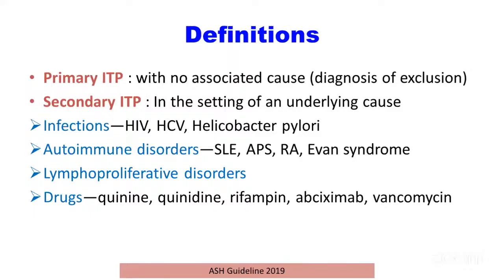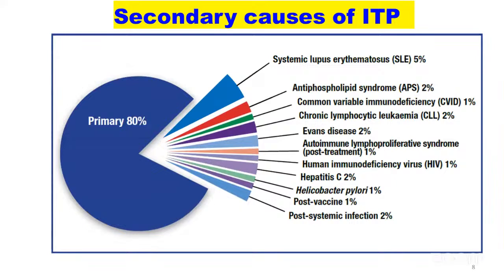Now, when we define primary ITP, the cause is not known. Secondary ITP means there are some underlying causes like infections, autoimmune disorders, lymphoproliferative disorders, and drugs.